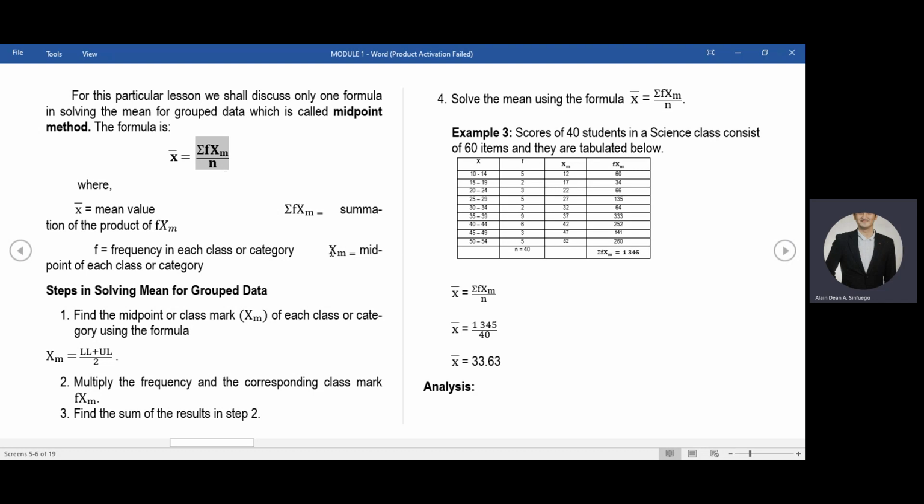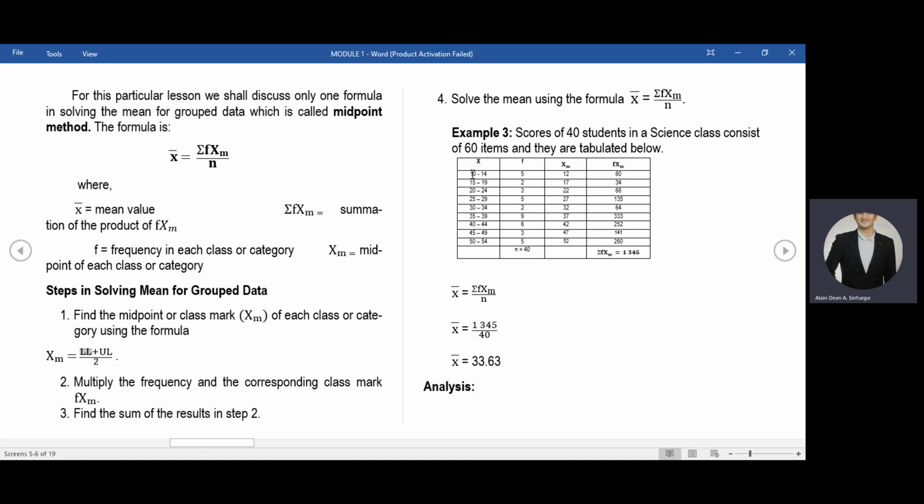First, we need to find the midpoint of each class or category. You can do that by adding the lower limit to the upper limit, and you just divide it by 2. Lower limit is the smallest value for each class.